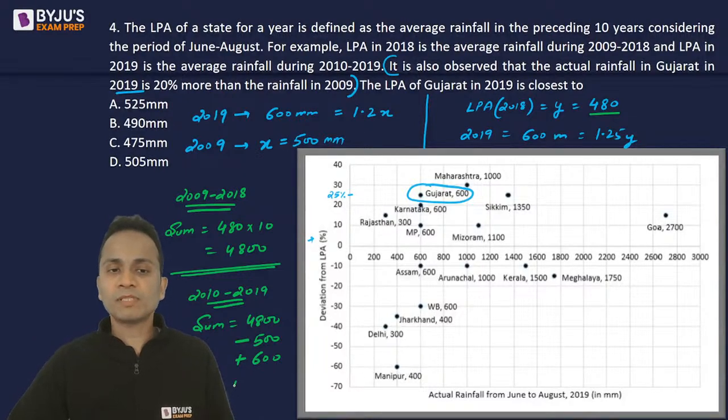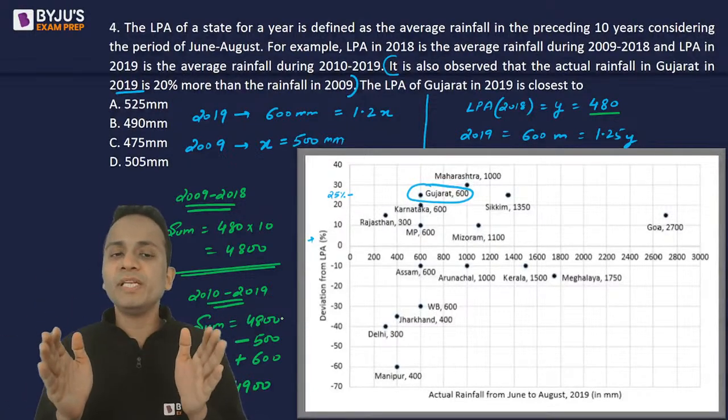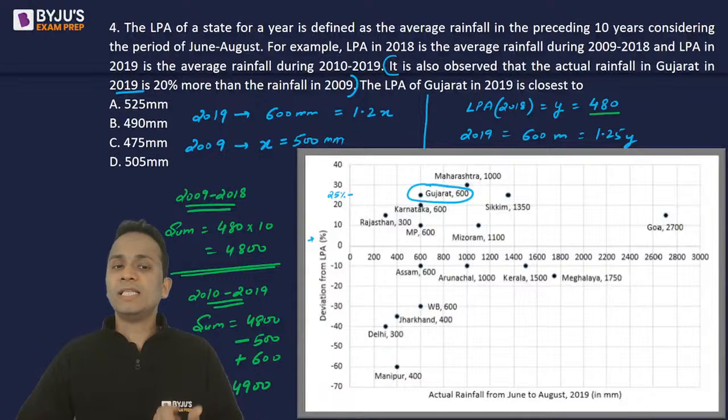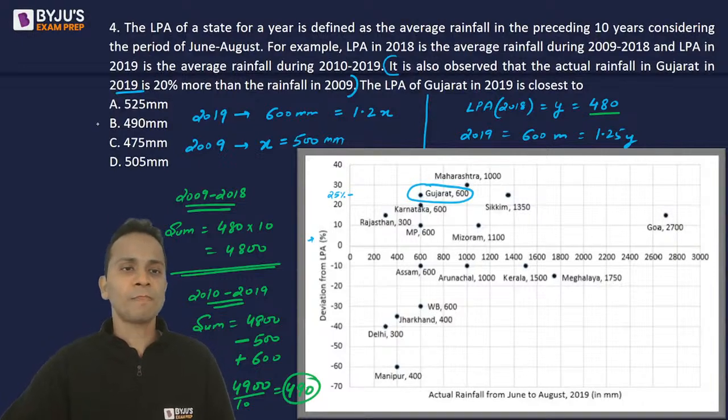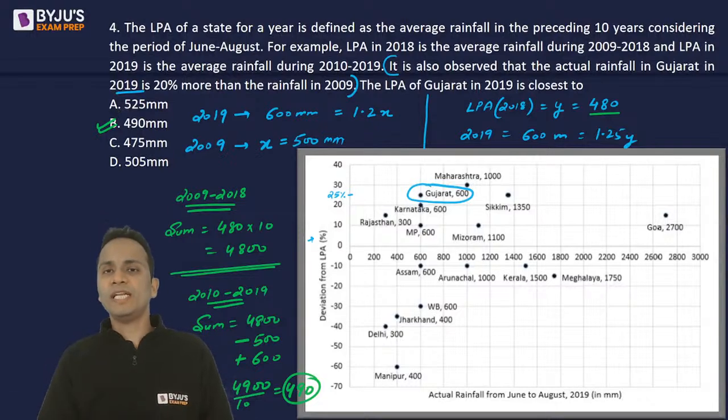So the sum comes out to be 4900. If the sum for this 10-year period is 4900, then the average will be 4900 divided by 10. That is 490. So 490 will be the LPA of Gujarat in 2019.